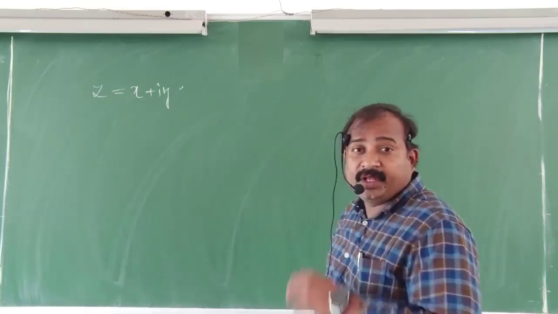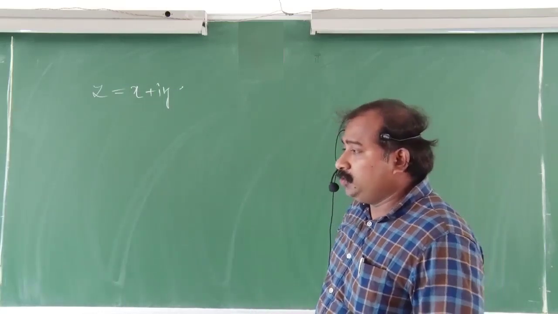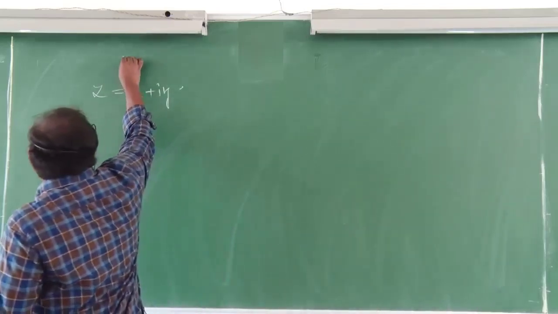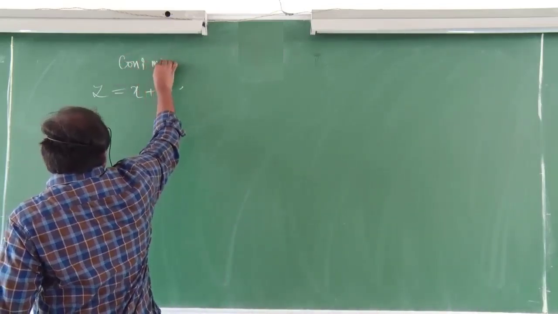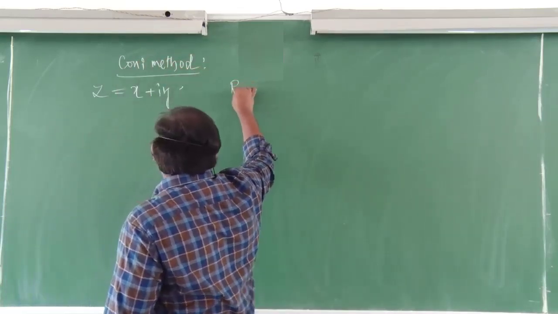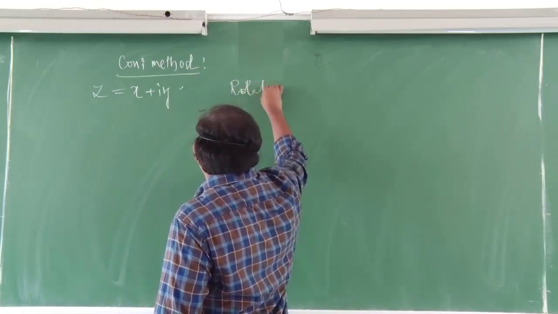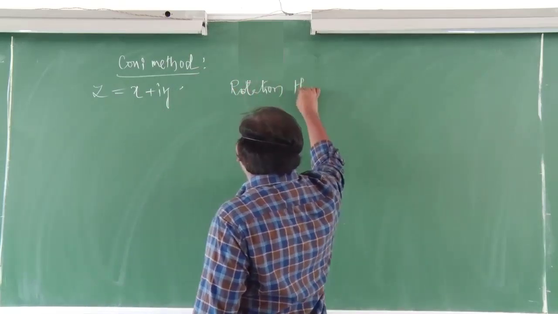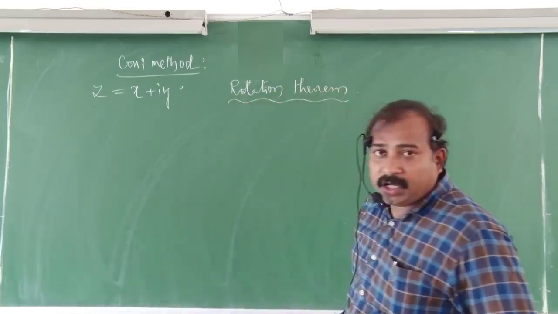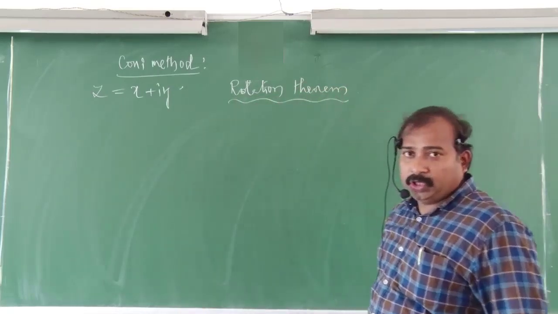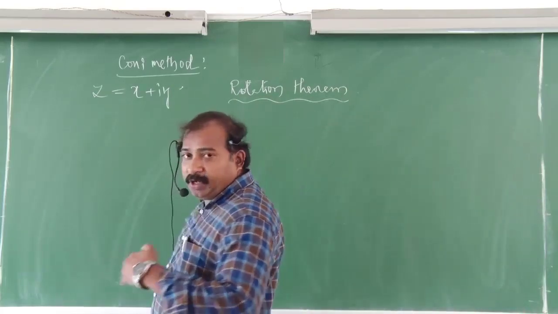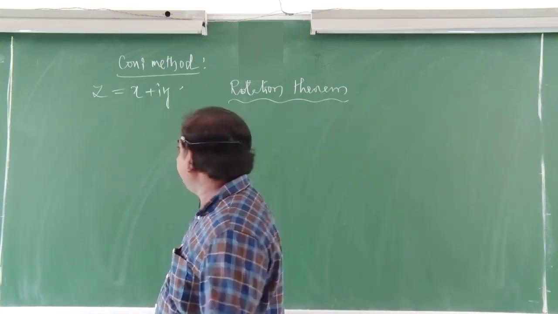Now this is the concept related to the Coney method or rotation theorem. Listen, how you can derive this one. It is very, very important from a competitive point of view.